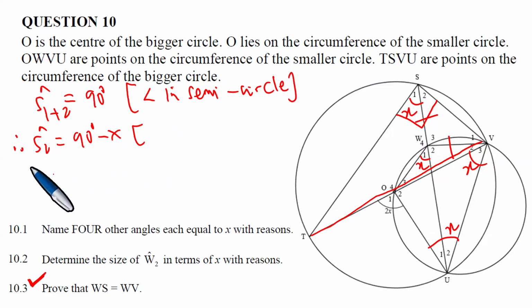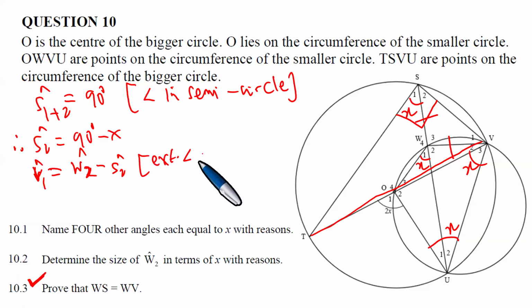Therefore, the angle S2 is 90 degrees minus x, which means the angle V1 can be seen as W2 minus the angle S2, an exterior angle of a triangle. This is an exterior angle of a triangle.